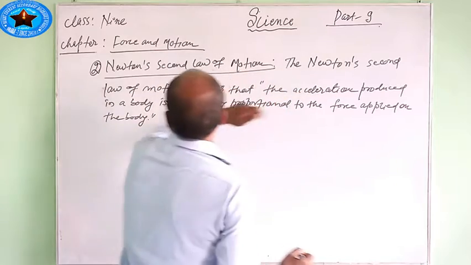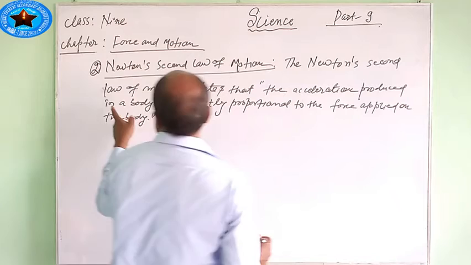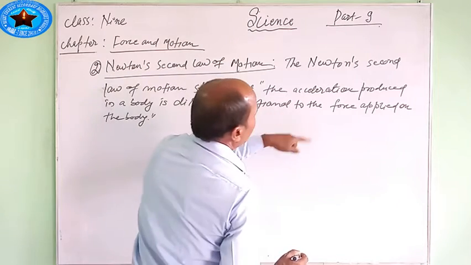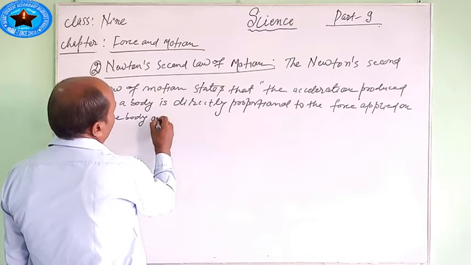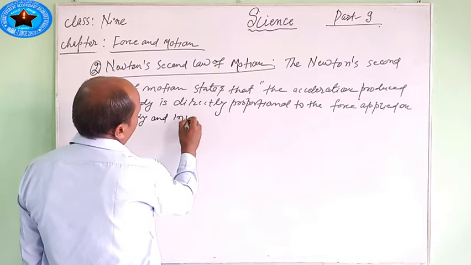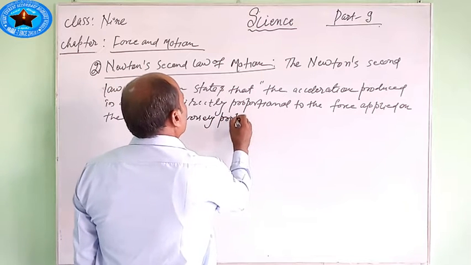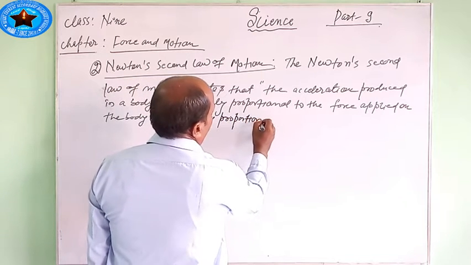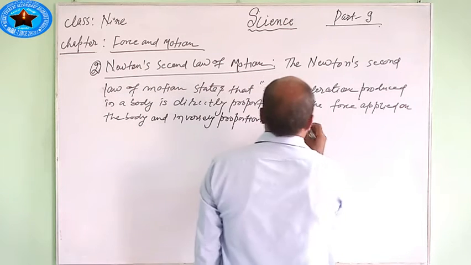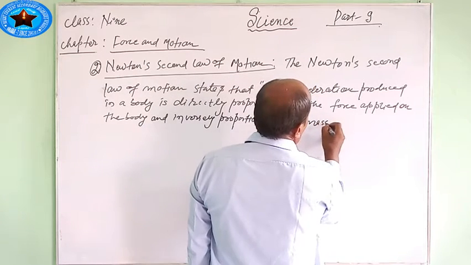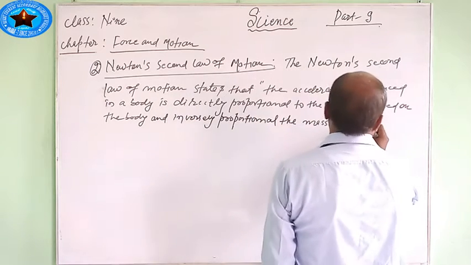Newton's second law of motion states that the acceleration produced in a body is directly proportional to the force applied on the body and inversely proportional to the mass of the body.